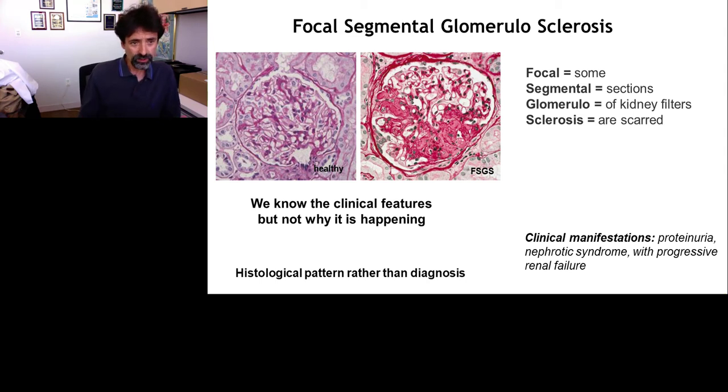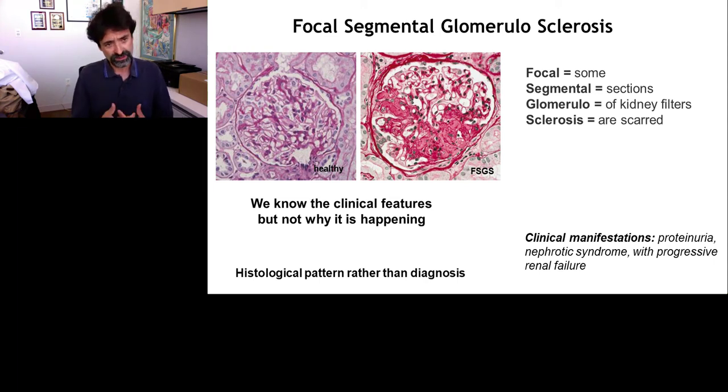And so we know the histological characteristic of this disease, as we just mentioned, but the pathophysiology, why this disease is happening, is still unclear. And similar to the other diseases, this condition is also characterized by proteinuria and progressive renal failure.